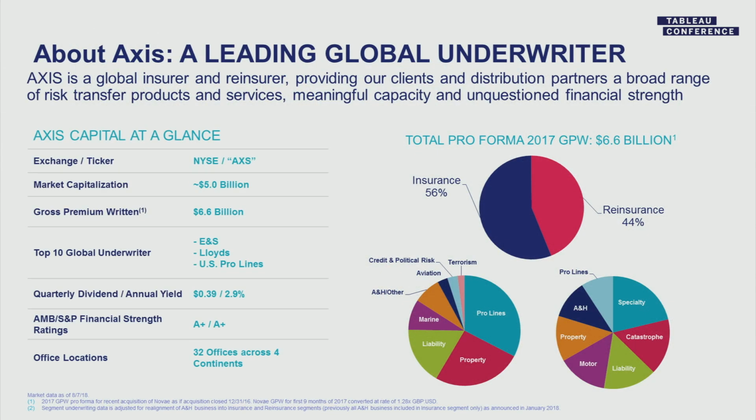Access is a specialty property and casualty insurance carrier. The way I like to describe us from a data perspective is we do not have a lot of volume. We're not a personal lines carrier. If you went to the Allstate presentation, lots of policies, right?